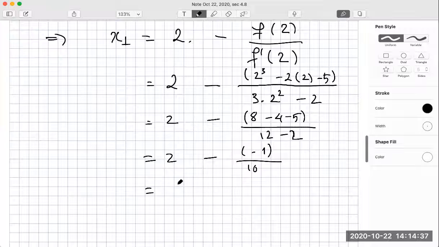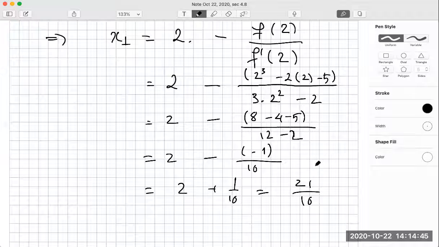Therefore, it will be 2 plus 1 over 10. Therefore, it is 21 over 10, or 2.1. You can check it by calculator. Okay? Now, we know x1, right?